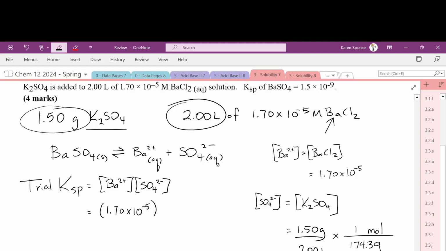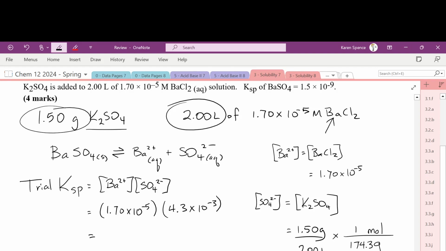So 1.5 divided by 2 divided by 174.3 equals 4.3 times 10 to the minus 3.